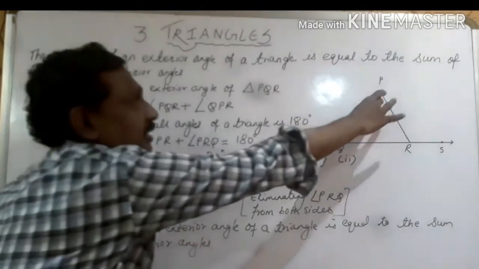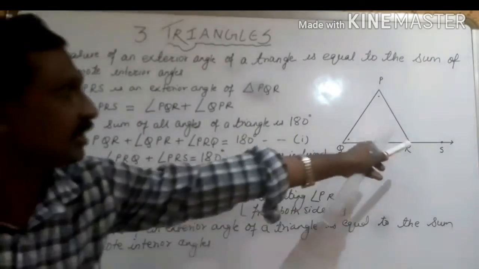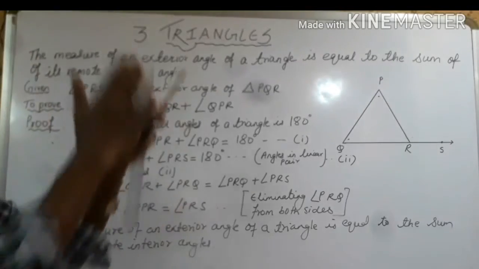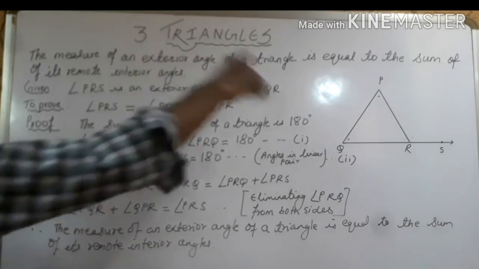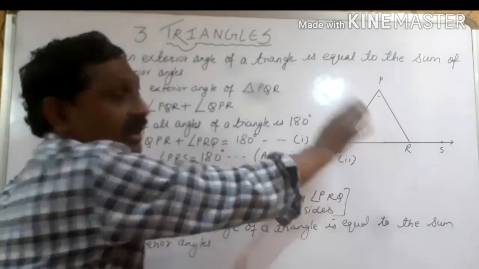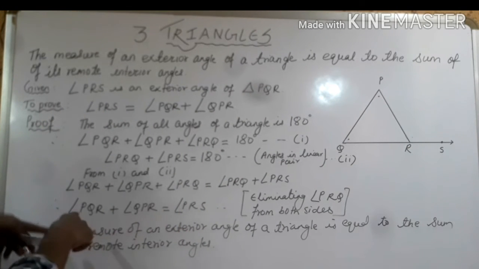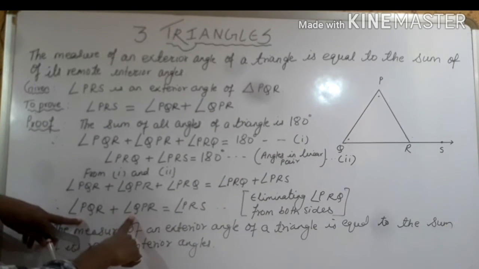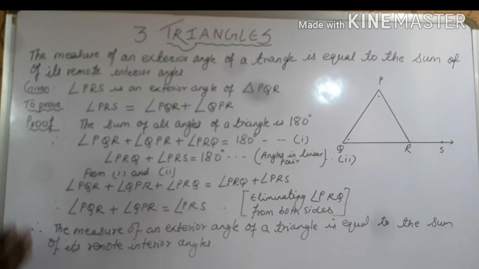Did you get it? Sum of these remote interior angles, and this is an exterior angle. That means angle PRS is equal to angle P and angle Q. That is, angle PQR plus angle QPR is equal to angle PRS.